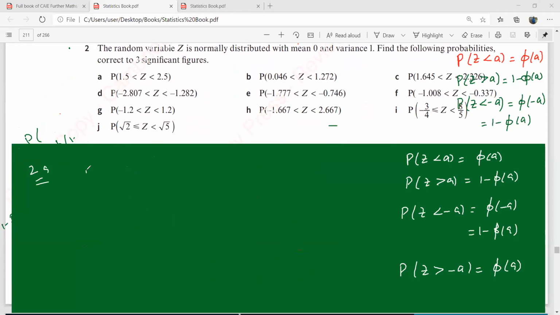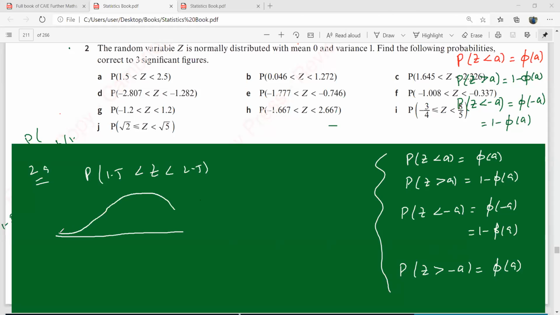It says find the probability that your Z is between 1.5 and 2.5. If you draw the diagram, believe me, you will not have to rote memorize all these things. It says it is between 1.5 and 2.5. So suppose you have 1.5 here and 2.5 over here. He's actually asking for this area.